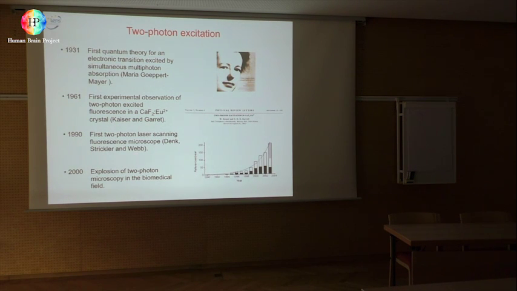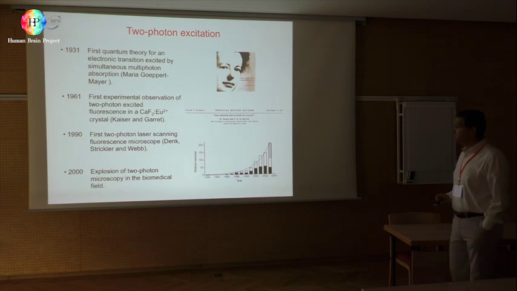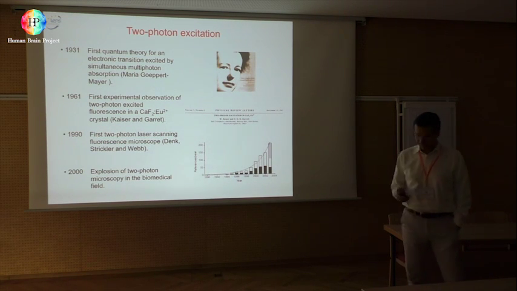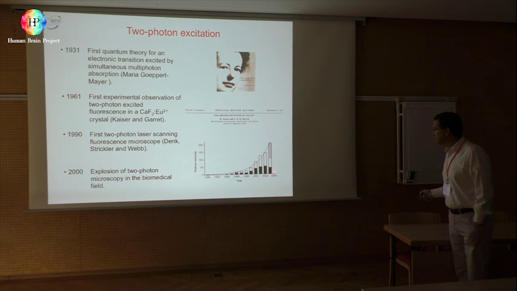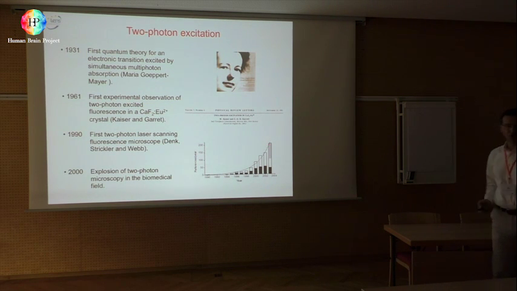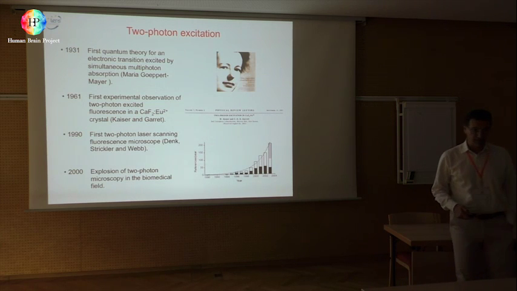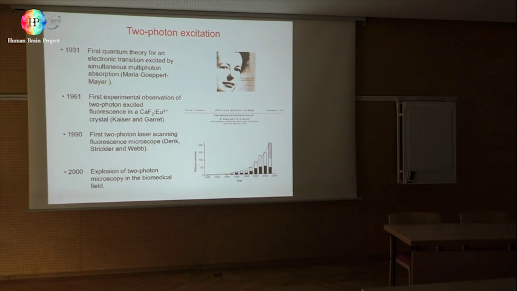Only in 1990, Denk and Webb realized, for the very first time, the two-photon laser scanning microscope. This is only updated to 2004, because after that it's not possible anymore to make statistics because of the huge number of two-photon microscopes. You see that the technological development of two-photon microscopy was increasing at an exponential rate.